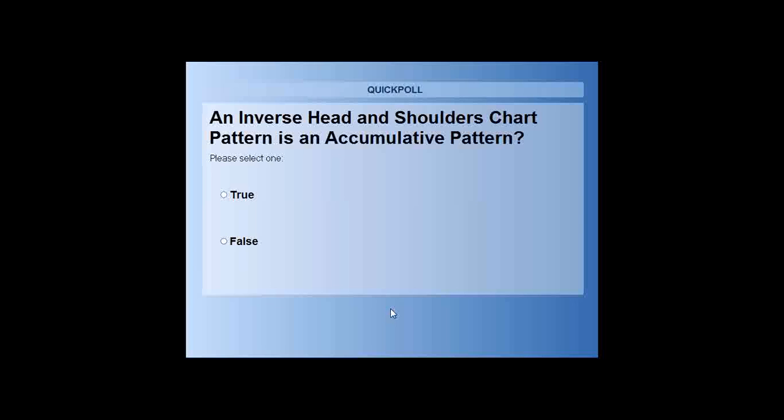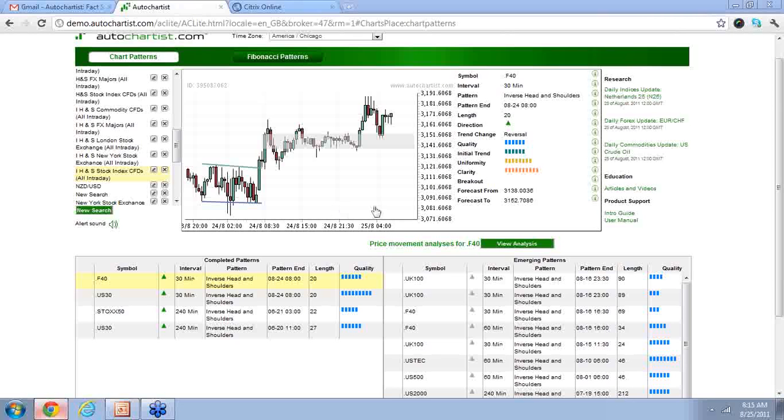That's perfect. Okay, now another thing that you want to look for, and it doesn't show up on this particular chart, but it could be used in conjunction with this chart, is volume characteristics. Volume characteristics are of critical importance in assessing the validity of an inverse head and shoulders pattern.